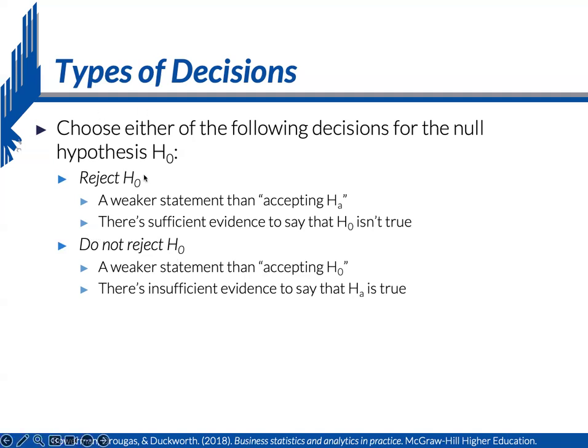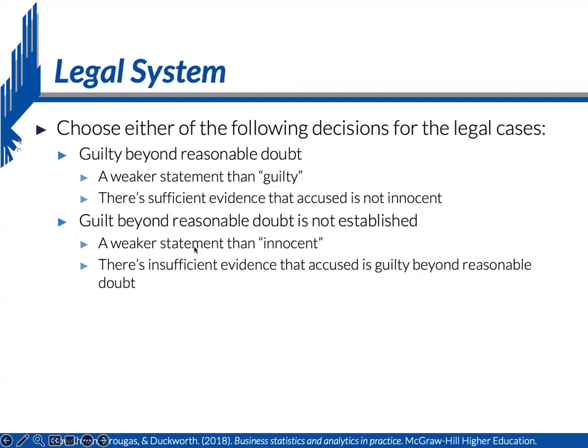So again, there are only two acceptable decisions in hypothesis testing. We either reject or do not reject the null hypothesis. And this is very much similar to what most legal systems worldwide are using. Whenever there are any legal cases that are being tried, decisions are either guilt is established beyond reasonable doubt or guilt beyond reasonable doubt is not established.